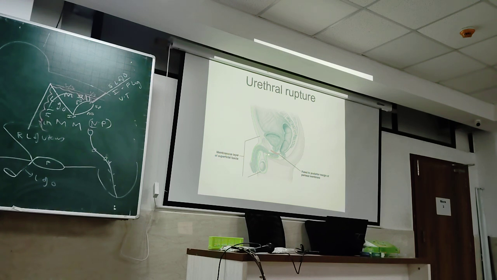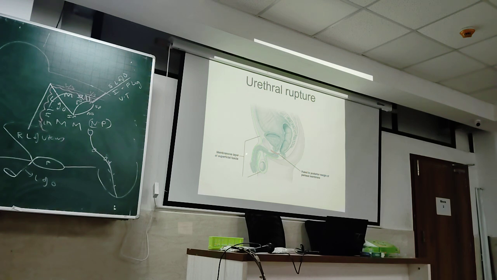The Colles fascia is attached to the perineal membrane behind. So the extravasated urine can't go to the gluteal region because the Colles fascia is attached to the perineal membrane, which limits the urogenital space from the anal space. But the urine can safely accumulate in the scrotum.